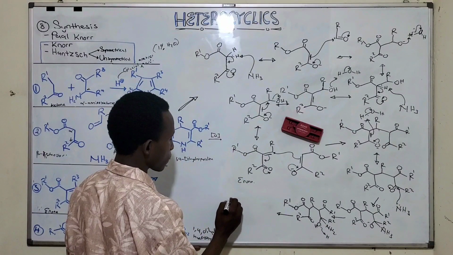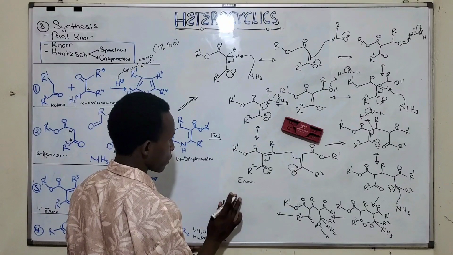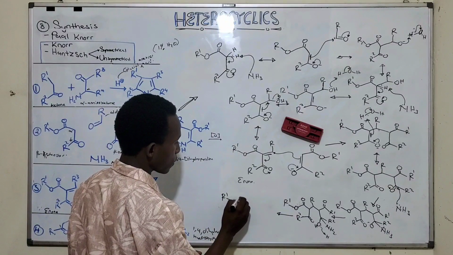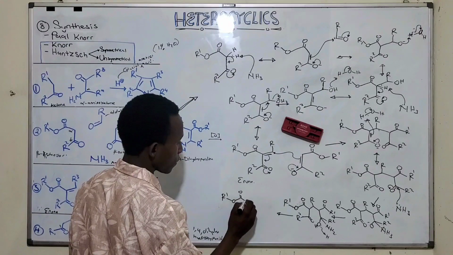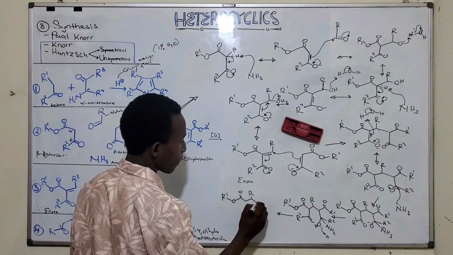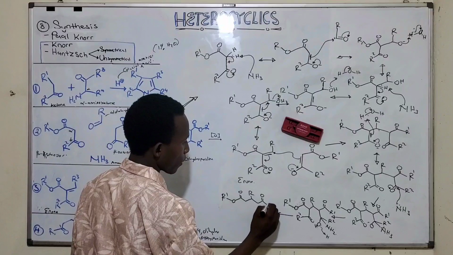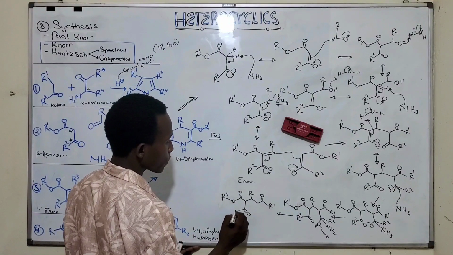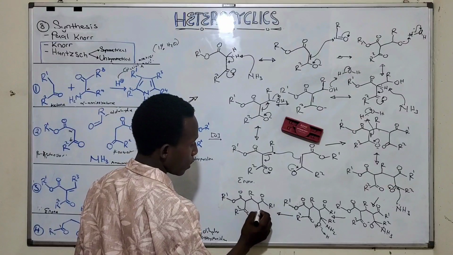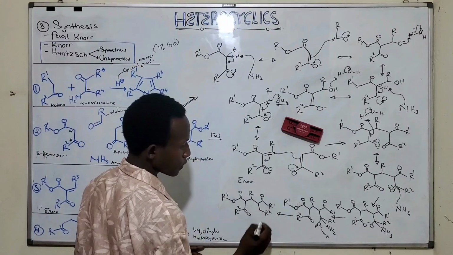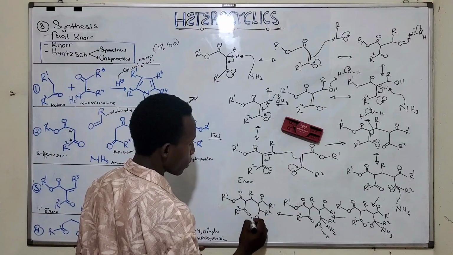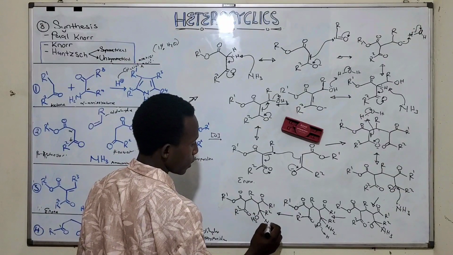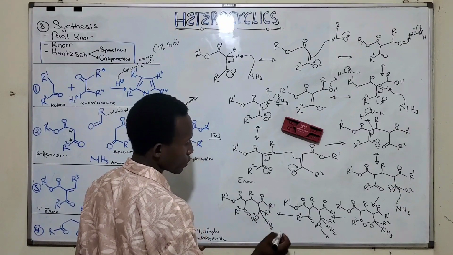We shall have this, R1, we have R and R1 up. Then oxygen R2, here we have OH2 plus and NH2.